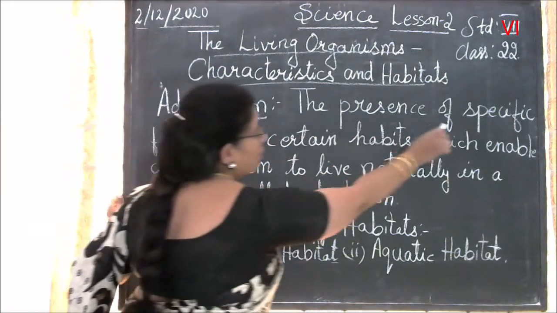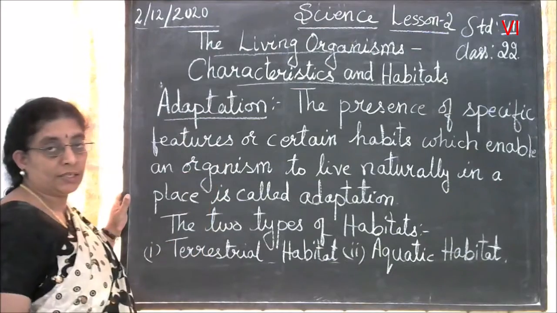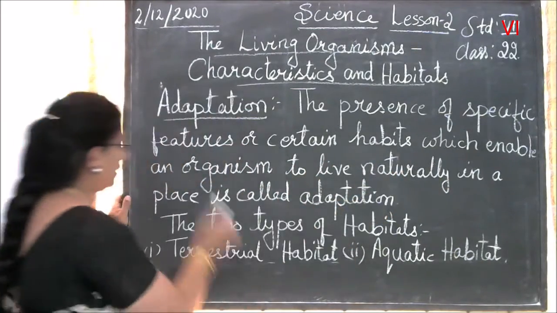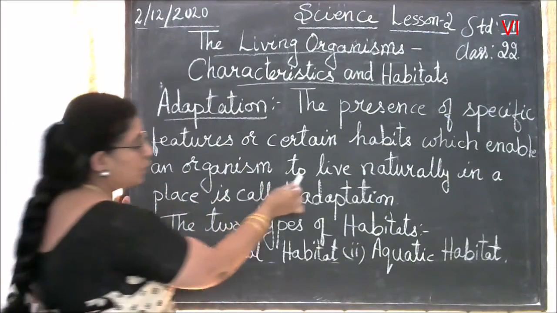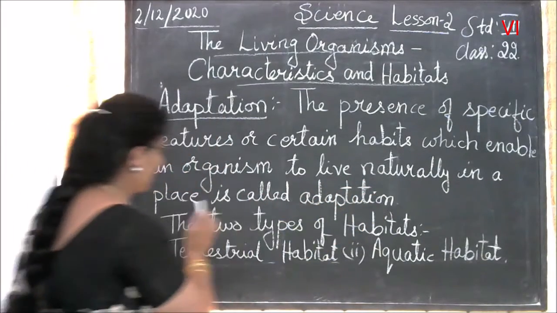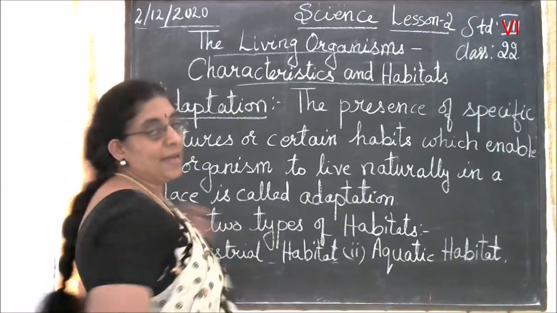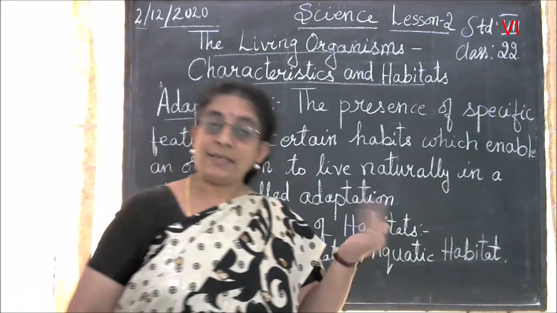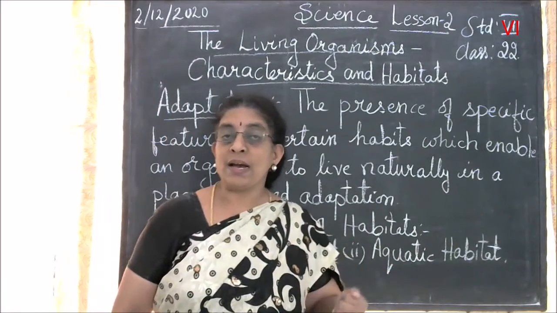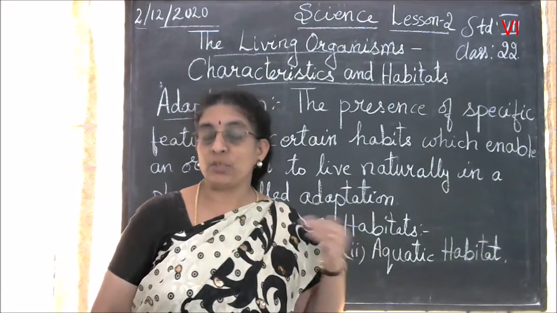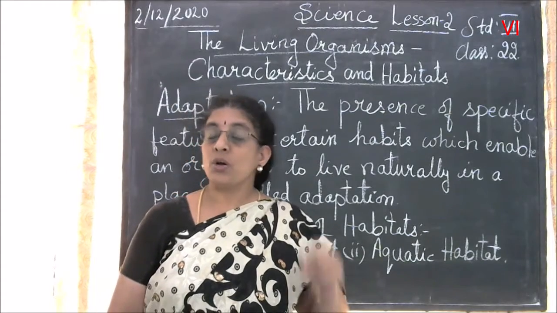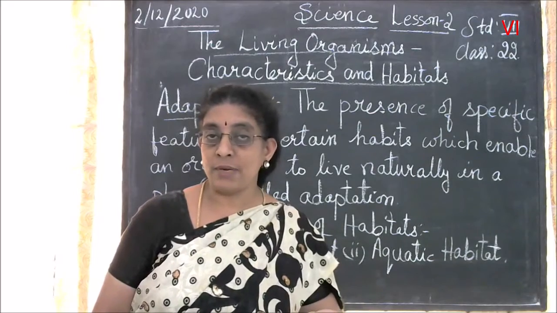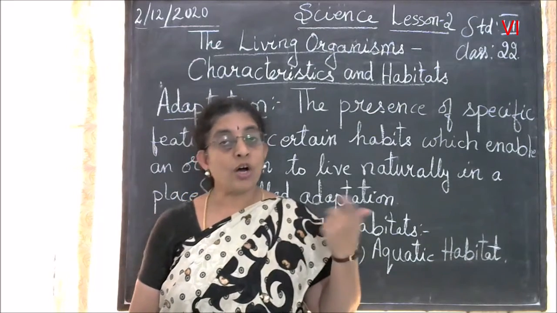The presence of specific features or certain habits which enable an organism to live naturally in a place is called adaptation. So sometimes we have been adjusted to the way in which we are living or the habits which we are having. So sometimes it becomes difficult for us to change certain habits or to change the style of living.